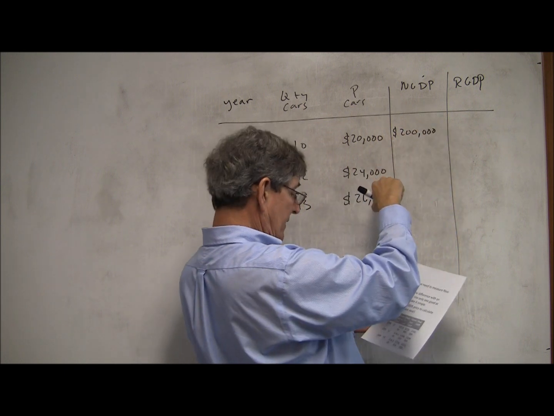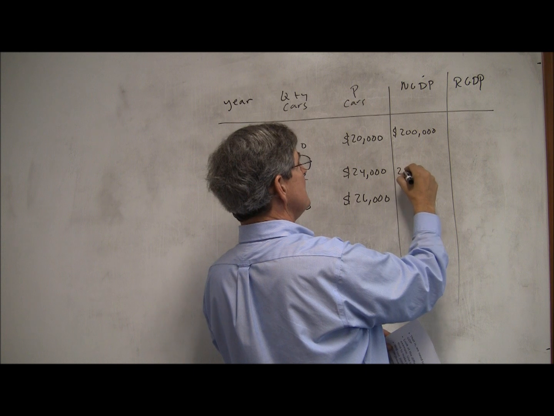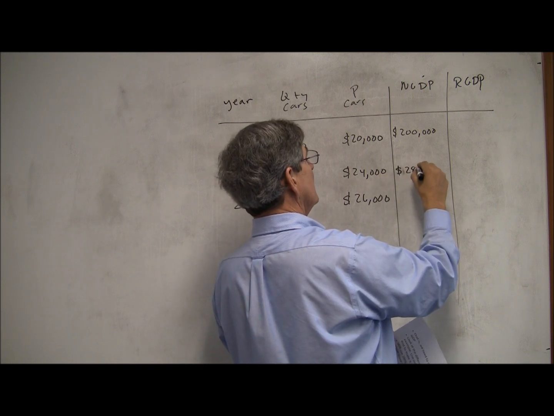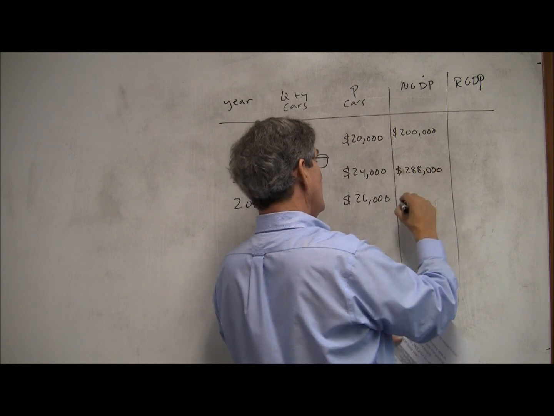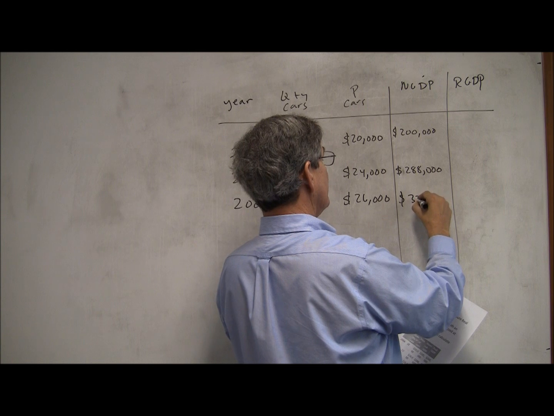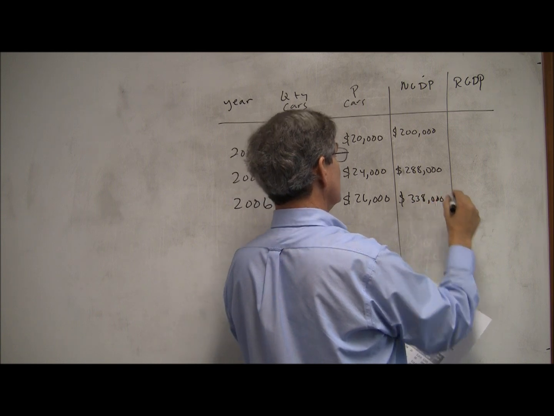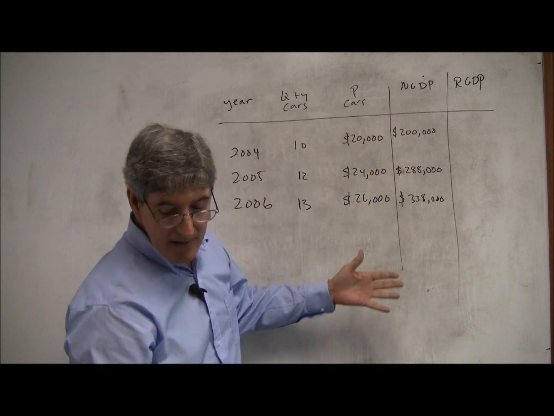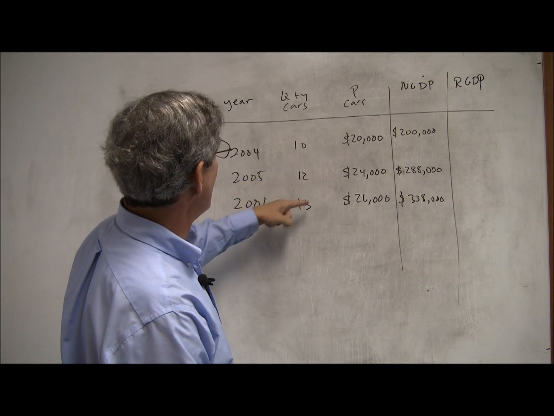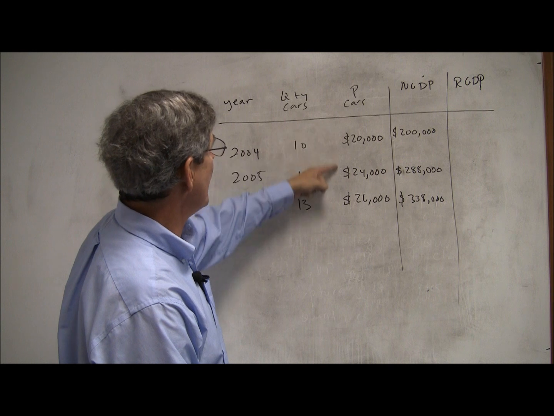This is 12 times 24, which is 288,000. And the last one is 338,000. So nominal GDP is rising, but it's rising for two reasons. Not only are quantities going up, prices are going up.